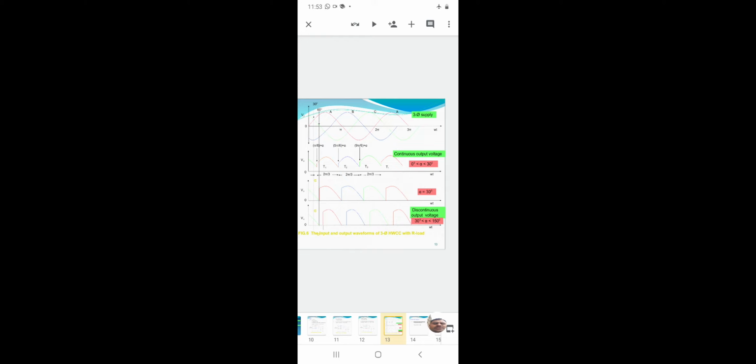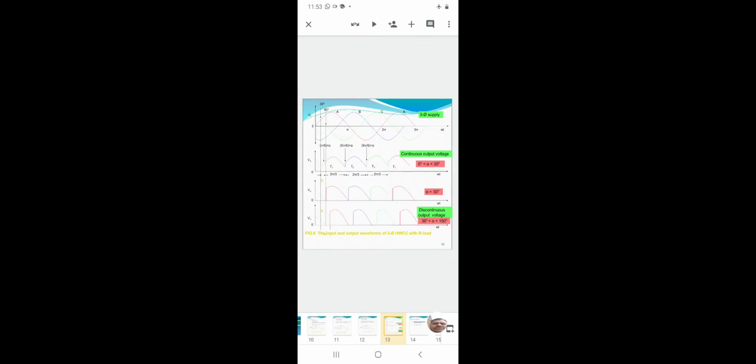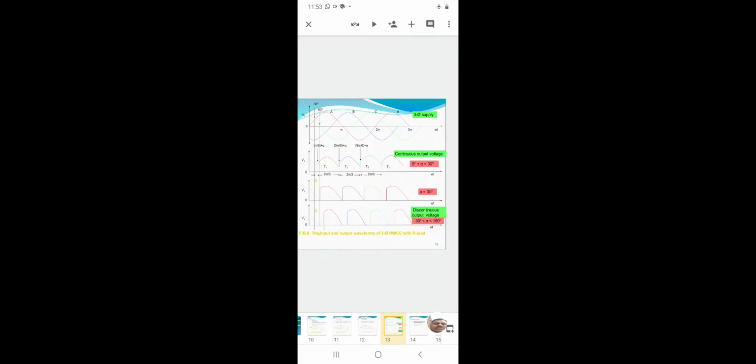Suppose you have to control the output voltage. The firing pulses are given by using external triggering circuits. These firing pulses are gate pulses given to each thyristor through the gate terminal: the T1 thyristor gate, T2 thyristor gate, and T3 thyristor gate.